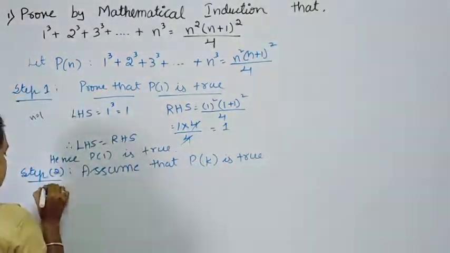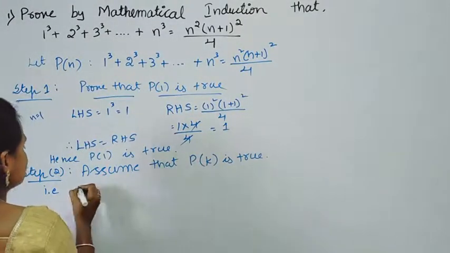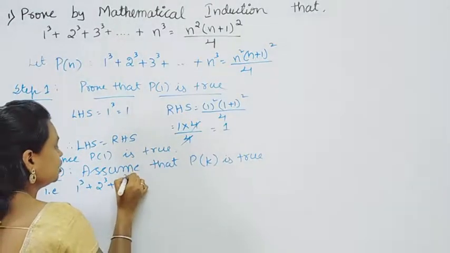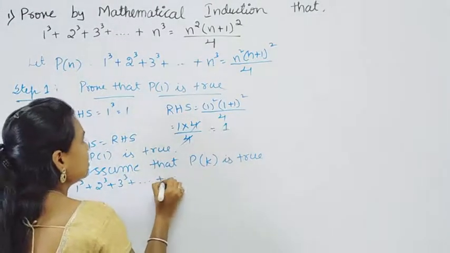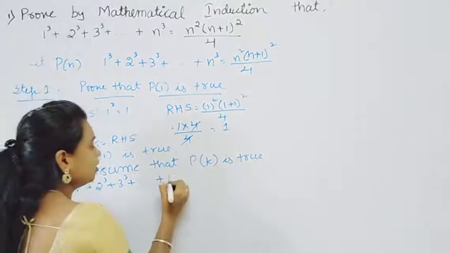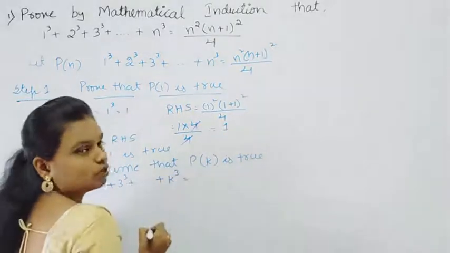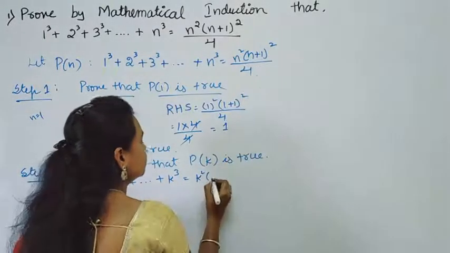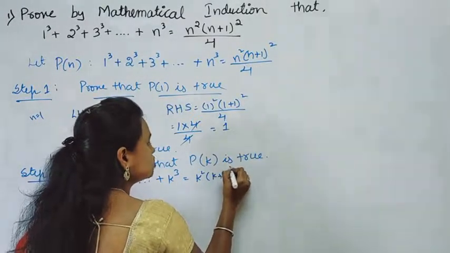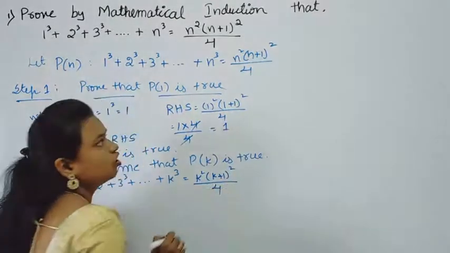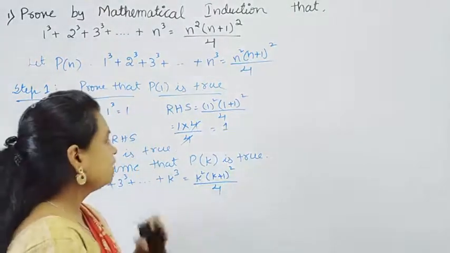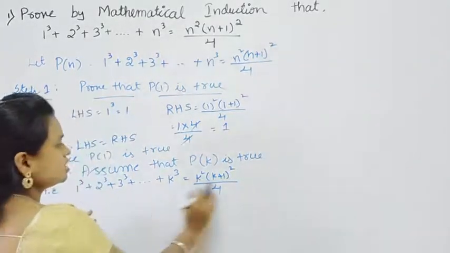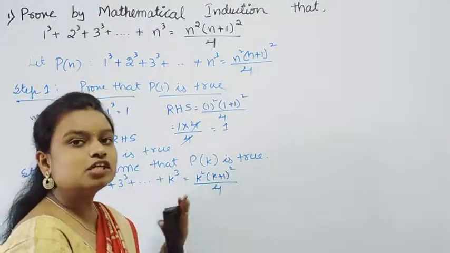So the statement becomes: 1 cube plus 2 cube plus 3 cube plus etc. plus k cube is equal to k square into (k plus 1) the whole square, whole divided by 4. We are assuming that the given statement is true for some k. This is our step 2.